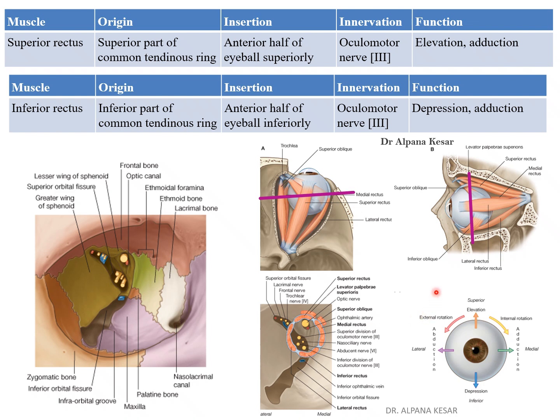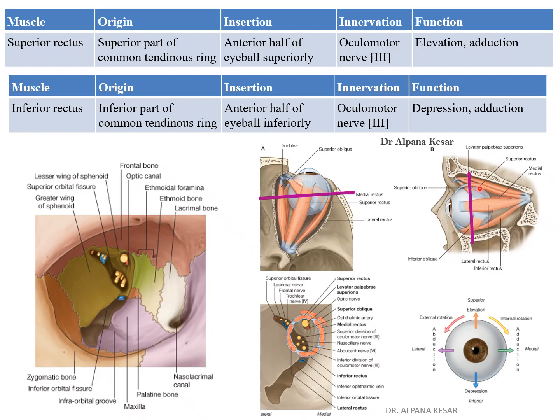Insertion of both the muscles is in the anterior half of the eyeball. The superior rectus gets inserted in the anterior half of the eyeball on the superior surface, and the inferior rectus gets inserted on the anterior half of the eyeball on the inferior surface.